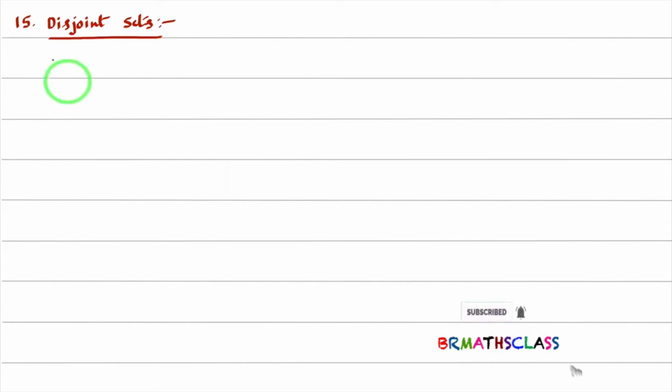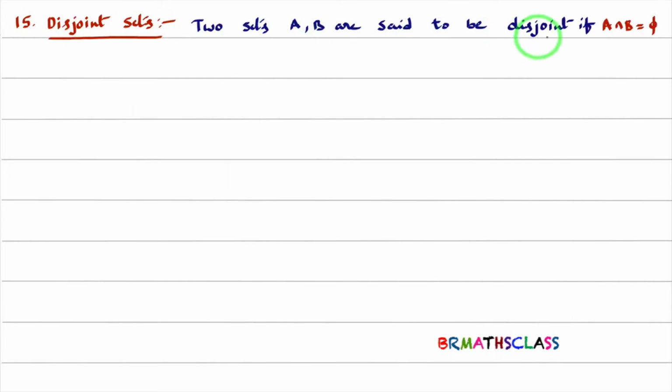Now, the 15th synopsis is disjoint sets. Two sets A, B are said to be disjoint if A intersection B is the null set. That means if no element is common in both the sets, then we say that those two sets are disjoint. We will try to understand this with an example.